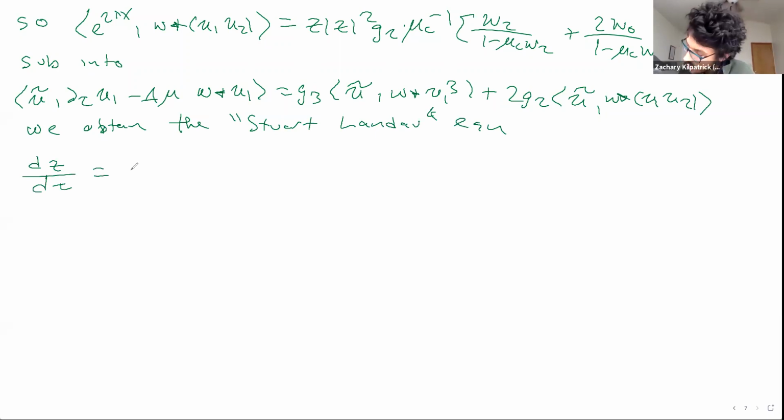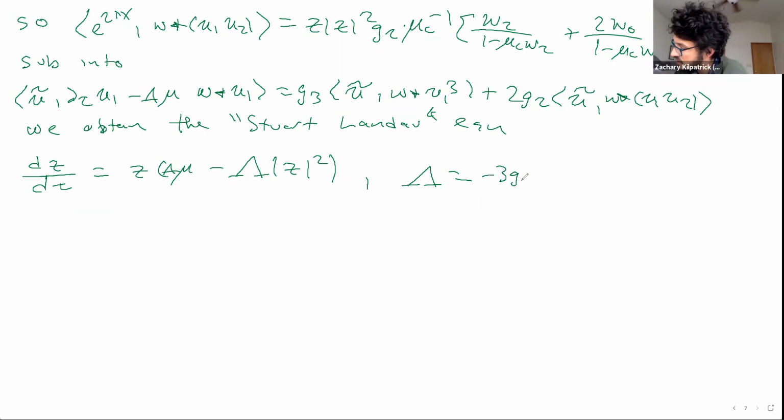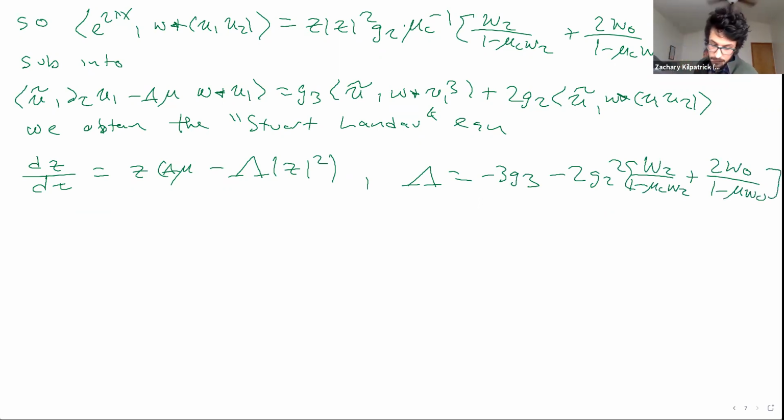Okay. And that's just dz d tau equals z delta mu minus some coefficient, which I'll call capital lambda, times amplitude of z squared. Okay. Where in our case, this big lambda is equal to minus 3g3 minus 2g2 squared times w2 over 1 minus mu c w2 plus 2 w0 over 1 minus mu c w0. Okay.